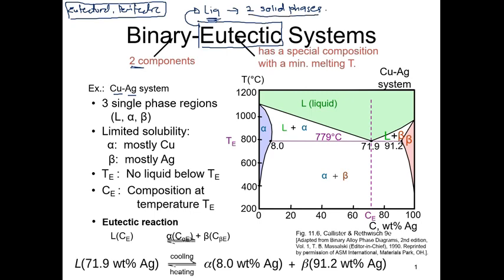So look at your phase diagram here. This is the copper argentum system. This is the temperature as usual, and on the x-axis you have the percentage of argentum. So it means this 100% will be argentum, not copper.